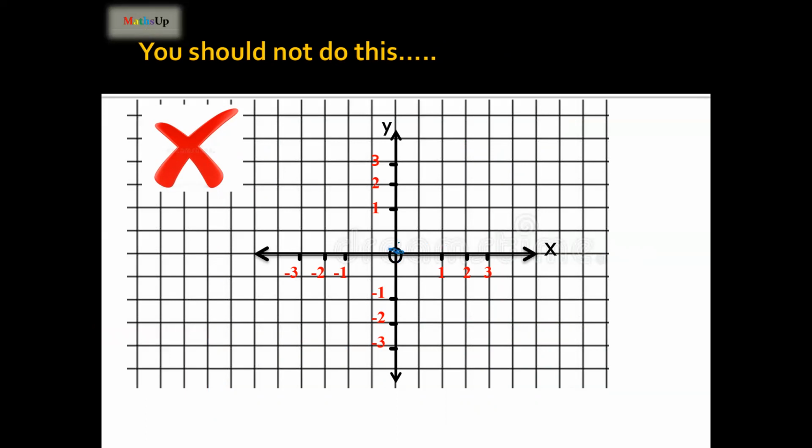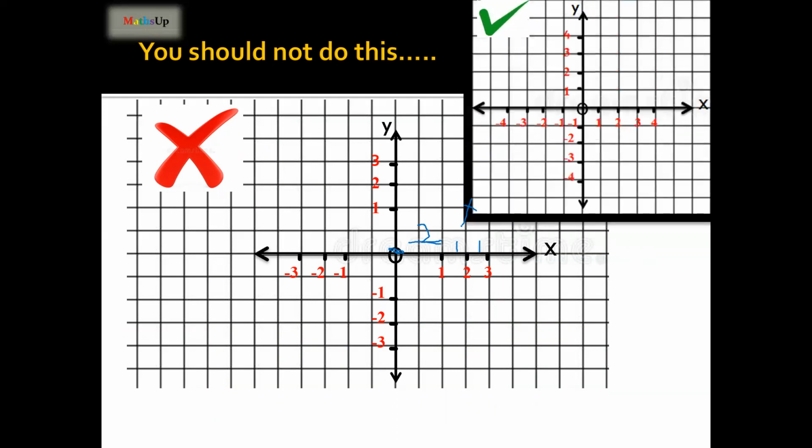From 0 to 1, you can see there are 2 gaps. But from 1 to 2, only 1 gap. 2 to 3, again 1 gap. So this is wrong. Always take equal gaps between 2 numbers. So this is the correct way of drawing a coordinate plane.